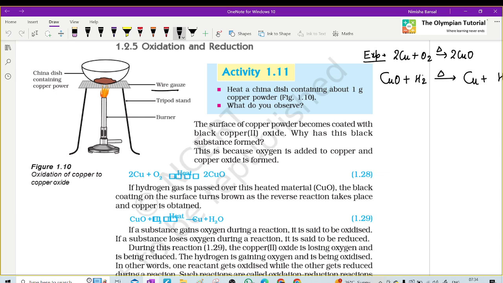When copper is heated, a black color appears.